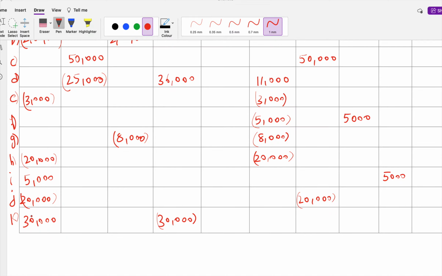Now we will add everything. So cash comes to 2,92,000. Goods 1,25,000. Building at 1,92,000. And debtors at 6,000.